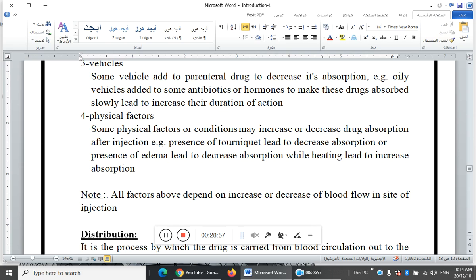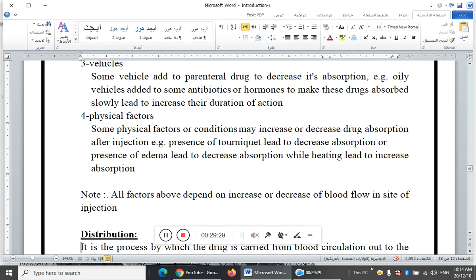Also, the presence of edema. When edema is found in the area of injection, it will also decrease the absorption of a drug. On the other side, heating will increase the absorption of the drug. When heating is present in the site of administration, it will increase the absorption of the drug.